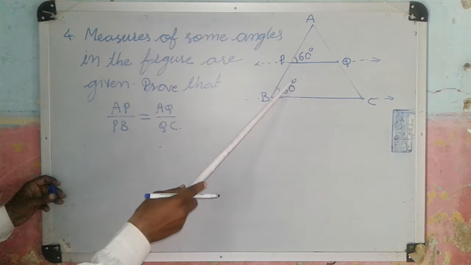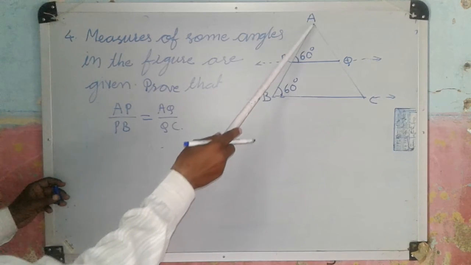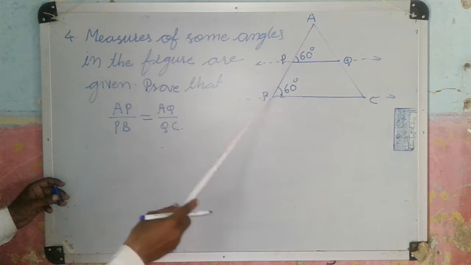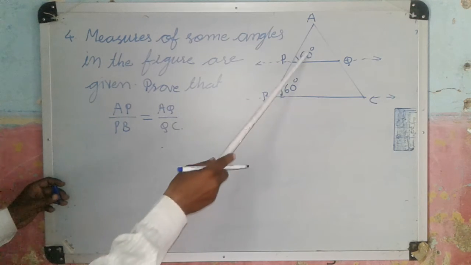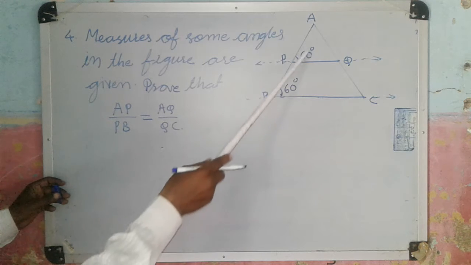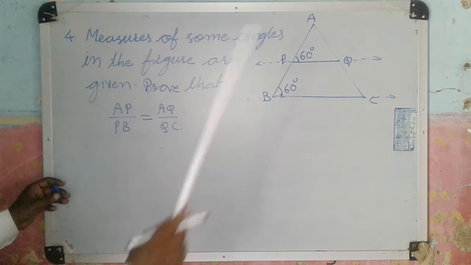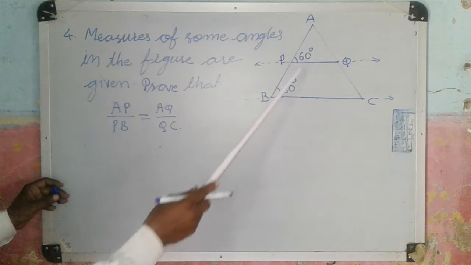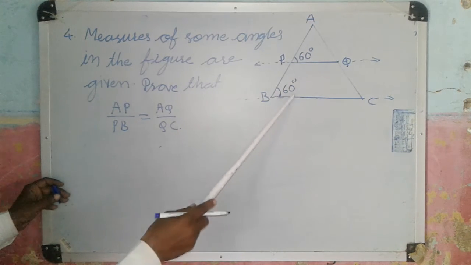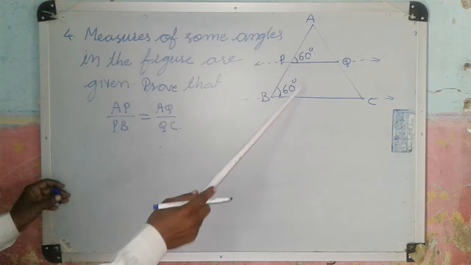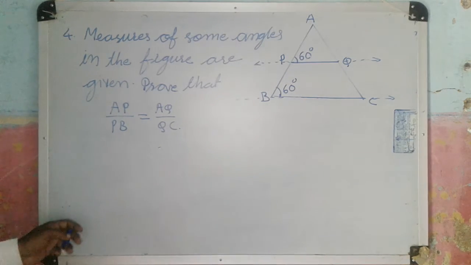So due to this transversal, angle APQ and angle ABC, these are two corresponding angles. Corresponding angles are formed due to transversal AB. And both the corresponding angles are congruent. Measurements are given 60 degree, 60 degree.